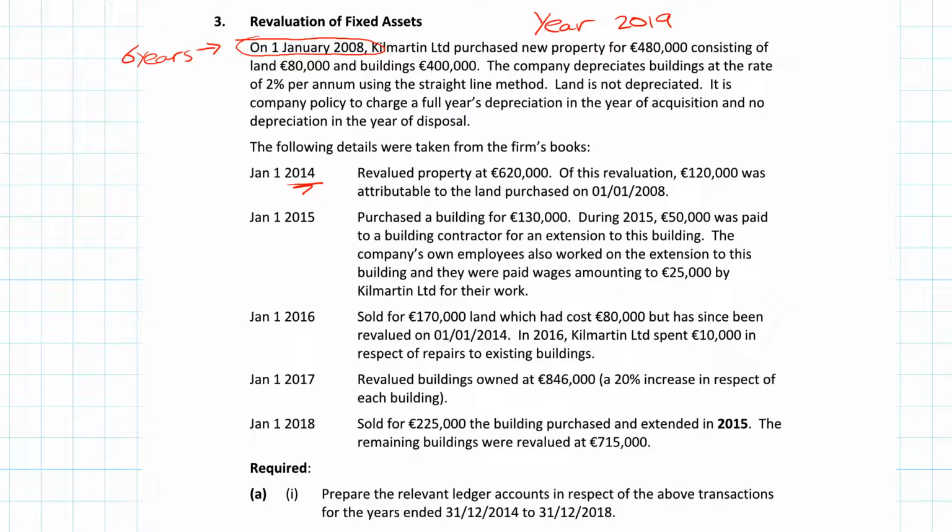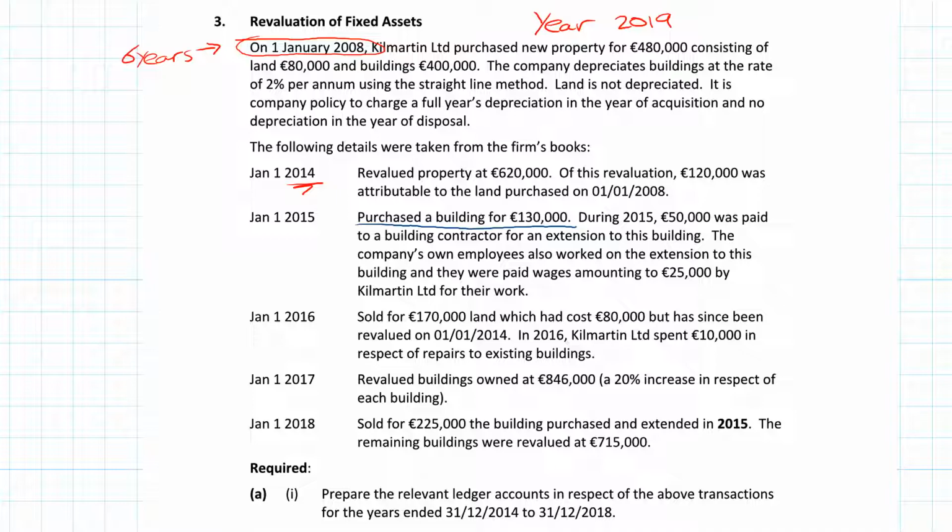So we purchased a building for 130,000, okay, during 2015. 50,000 was paid to a building contractor for an extension. So we add that on. The company's own employees also worked on the extension to this building and were paid wages amounting to 25,000. So essentially, let's say we purchased this building for 130,000, but it might be really shabby and there's not much value in the building at all.